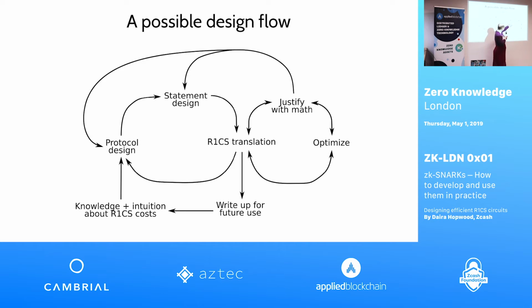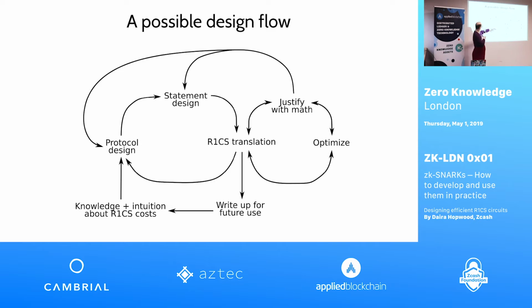So you optimize in the feedback loop here. And you will need to do more math in order to justify those optimizations. And that will feed back to your statement design, the protocol design, because you may need to assume something here that your protocol didn't guarantee. So you need to change the protocol to make it work.